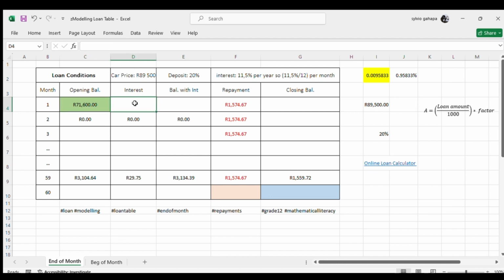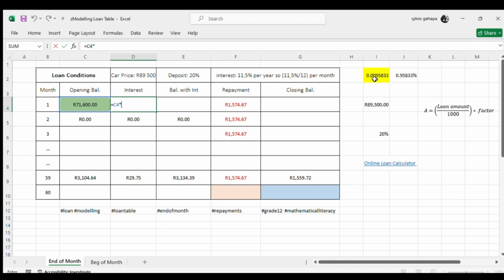Now let's look at our interest, right? We all know from grade 8, 9 that the interest is calculated on the initial amount, which in this case is our opening balance. So I will say it's equal to the opening balance multiplied by the interest rate. Remember, here we are dealing with the monthly interest rate that we worked out earlier on. That's the amount in decimal, but you can also use the one in percentage.